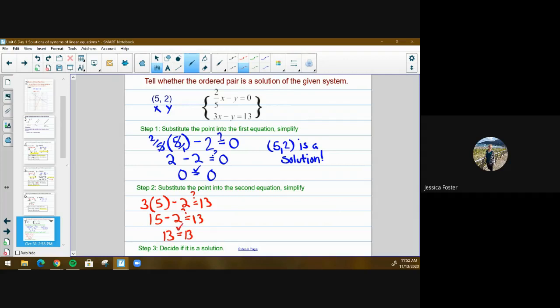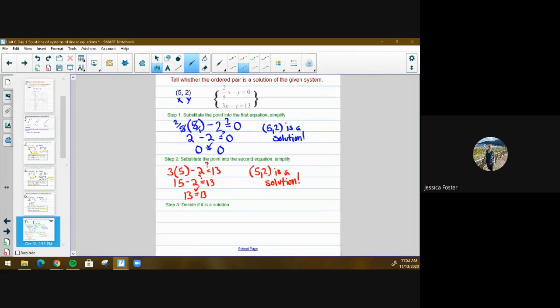That checks out. 13 equals 13. So (5, 2) is also a solution to our second equation. Because the point is a solution to both equations, then (5, 2) is a solution to the system of equations.